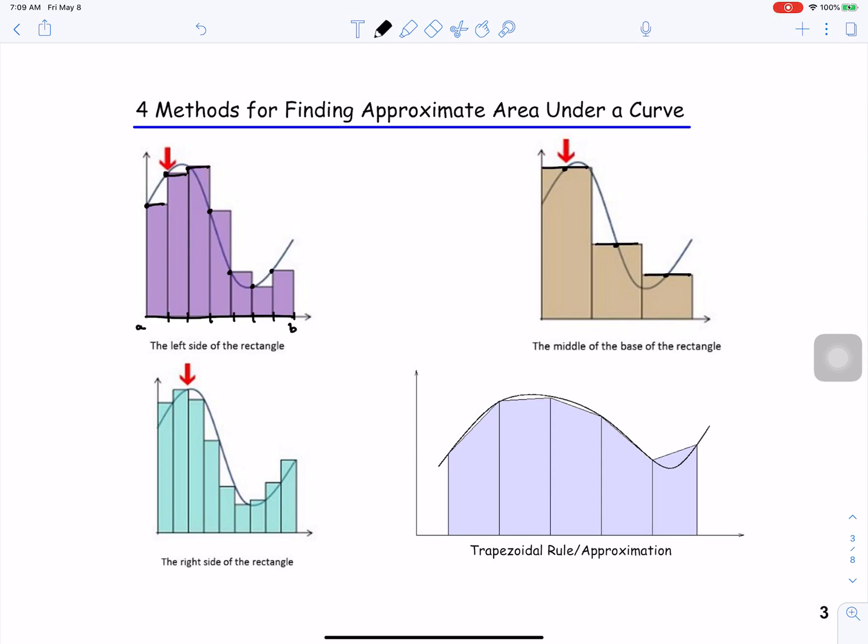We can use more rectangles or less rectangles. So this is my region A to B, and I've broken it up into rectangles. I could use the approximation by using the right endpoint and forming the rectangle at each right endpoint. And that could be my approximation. That's called our right endpoint approximation.